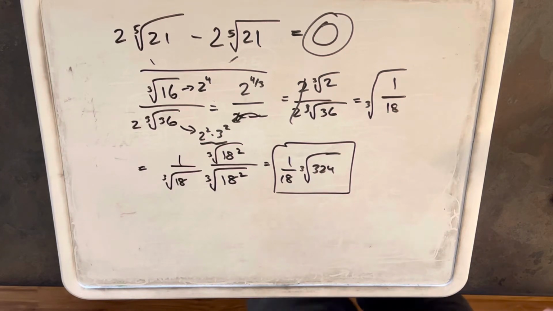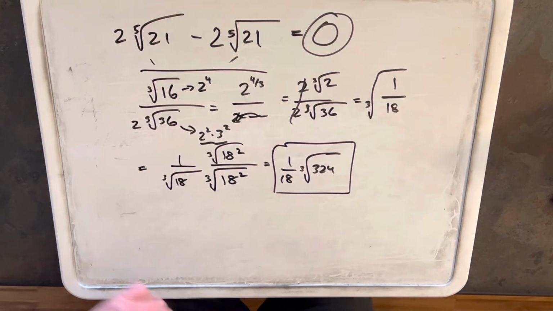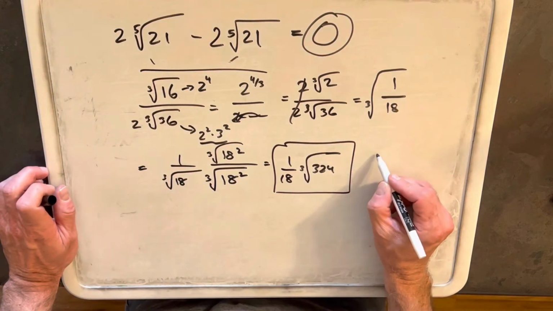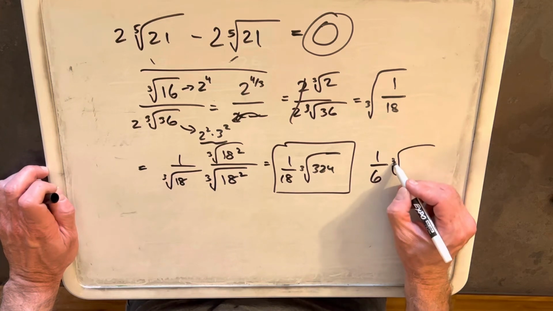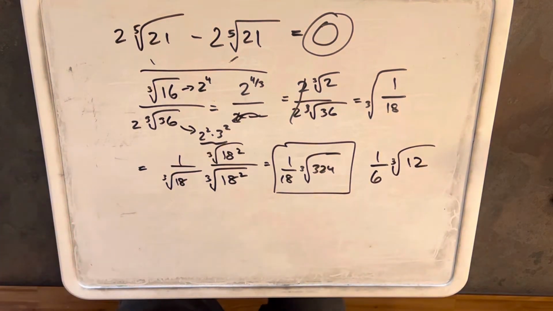This is the first one I got wrong. All right, so let's see. The answer we have in the quiz is 1/6 cube root of 12. Where did I go wrong?